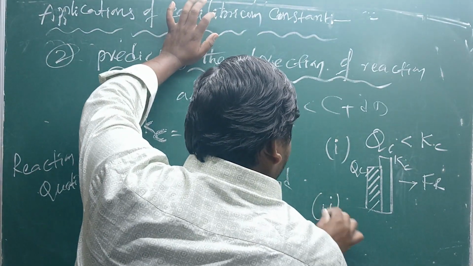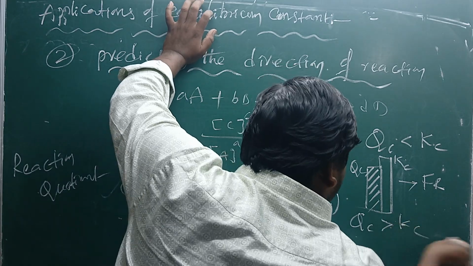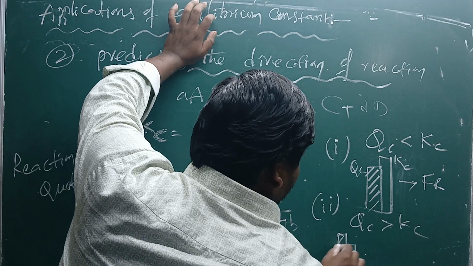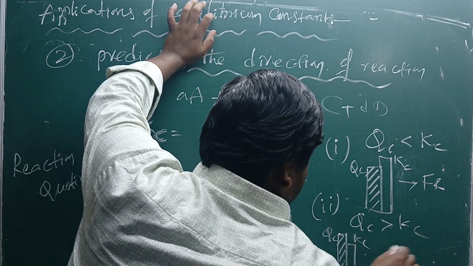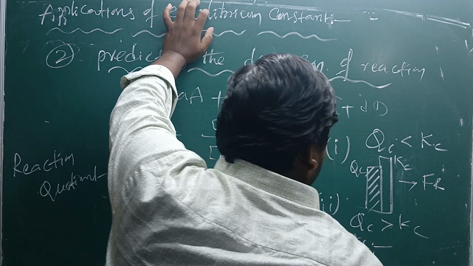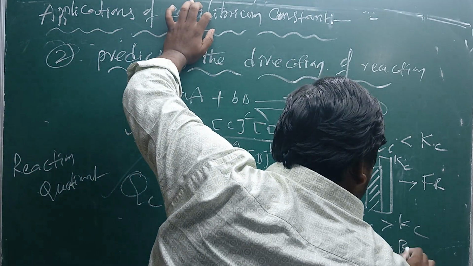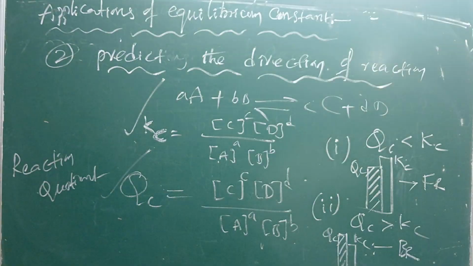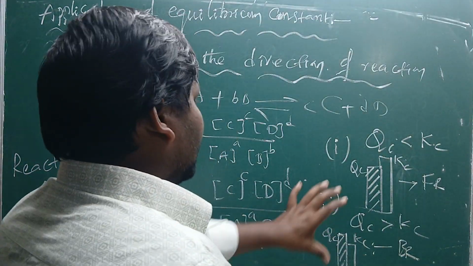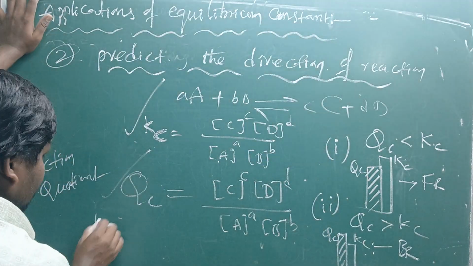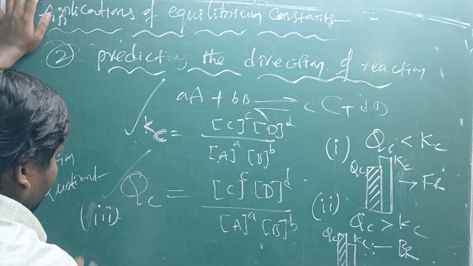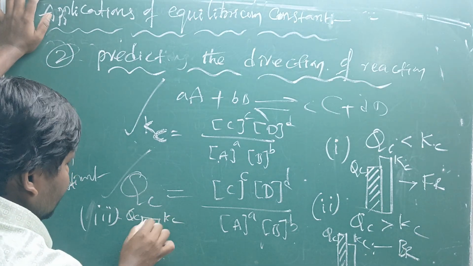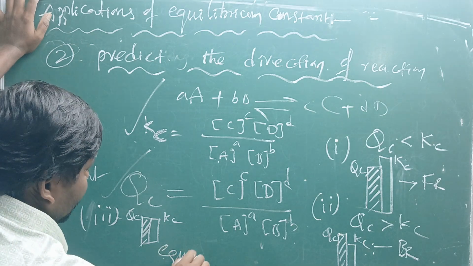Second, if Qc is greater than Kc, the reaction takes place in the backward direction, that is, the reaction proceeds from product to reactant. Third, both Qc and Kc become equal; that is the equilibrium position.